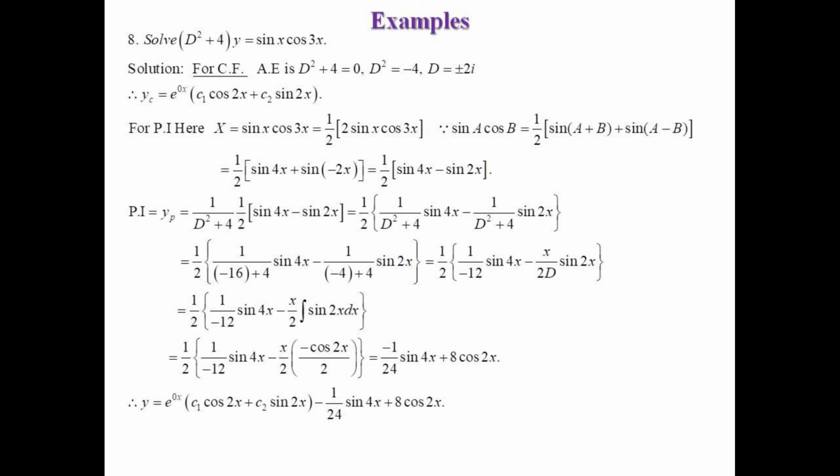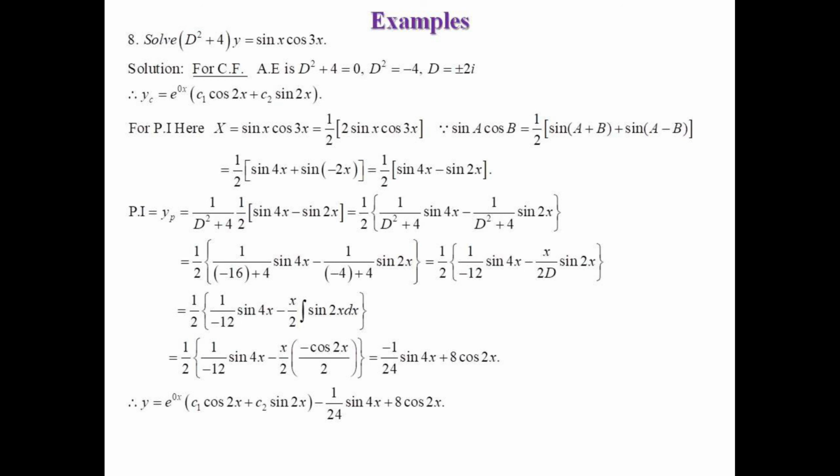Now let's find the value of particular integral. The right hand side term is X, which is sin x into cos 3x. This is not in our standard form, because for type number 2 we require either a sine term or a cos term.